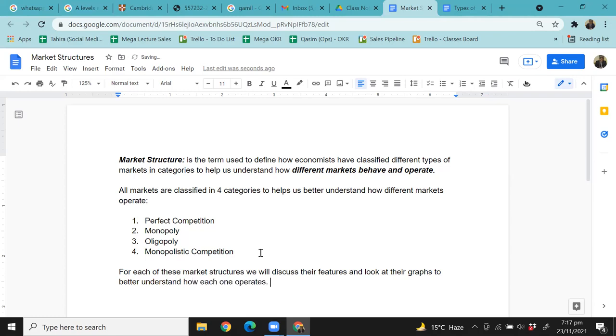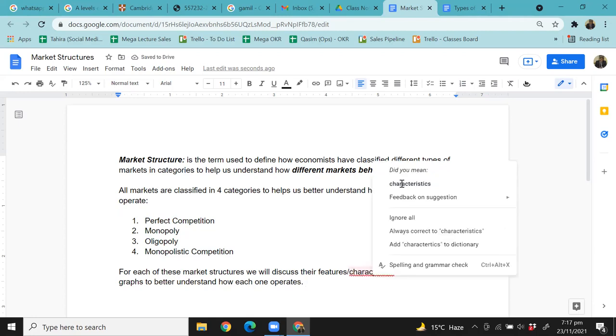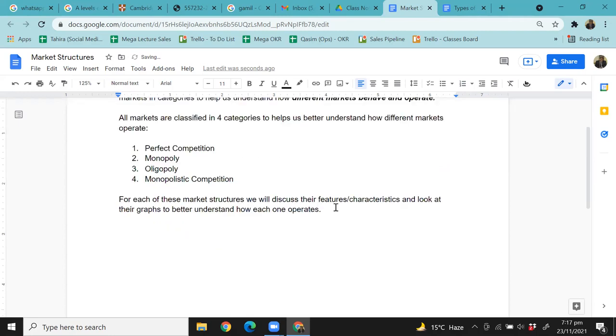So in each of these 4 market structures that I've listed over here, we'll talk about the features. This basically means characteristics. So we'll look at the characteristics of each of these market structures and look at their graphs to understand how each of these operates, right? Okay, we good on this, students? If everything is clear, we'll move on.